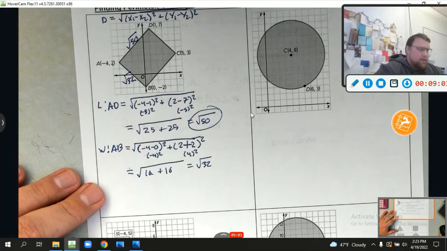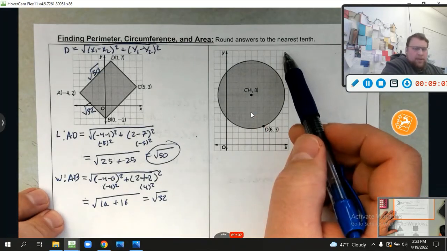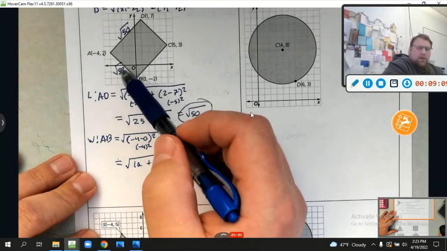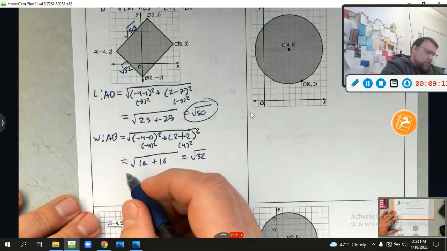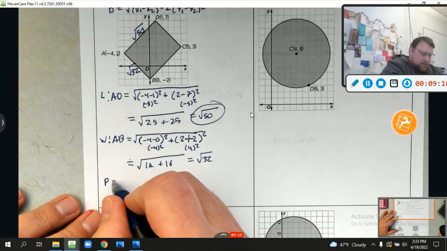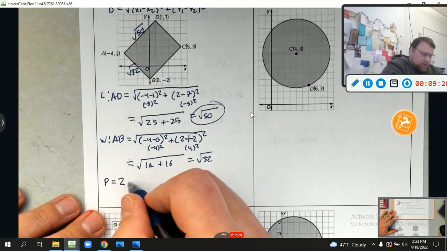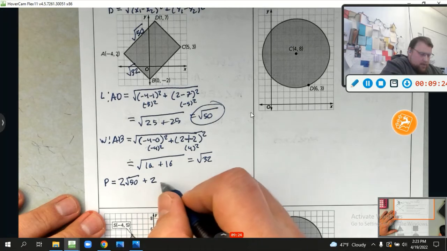And here's how I'm going to figure that out. Up here it says to round my answers to the nearest tenth. Notice I'm not rounding these at all. I'll round when I'm actually finding my values. That way we're only rounding once. So I know that for perimeter, it's equal to 2 times my length, which is the square root of 50, plus 2 times my width, which is the square root of 32.